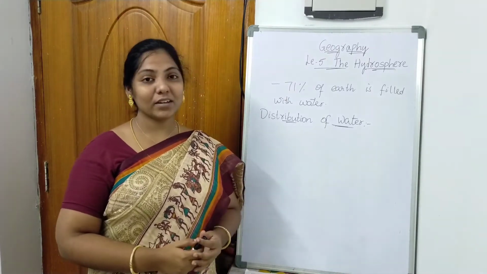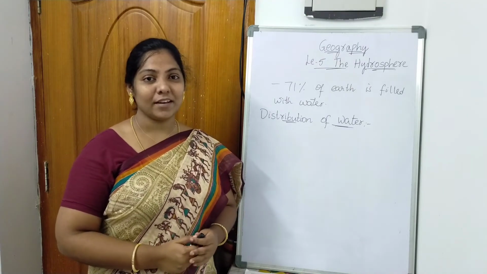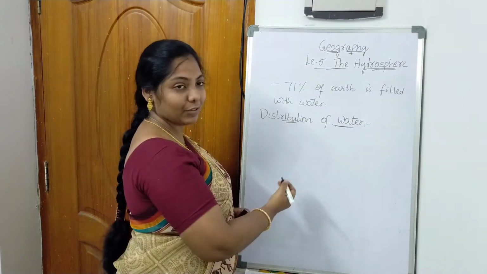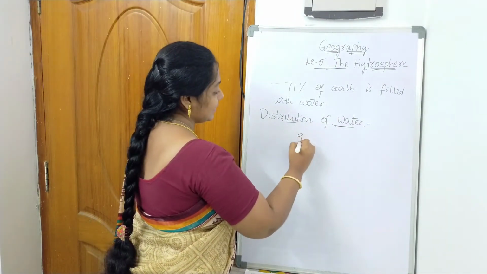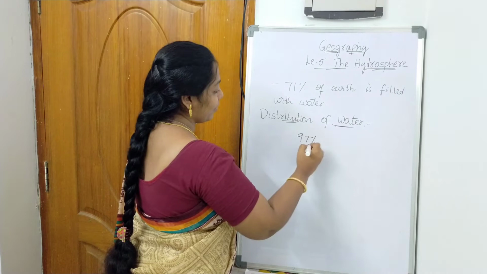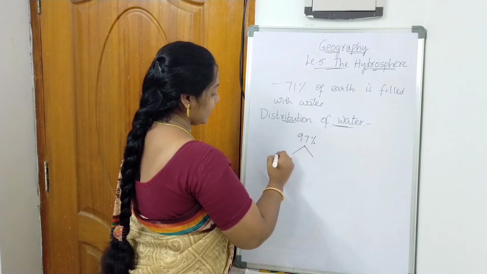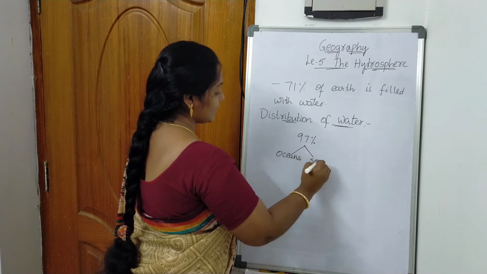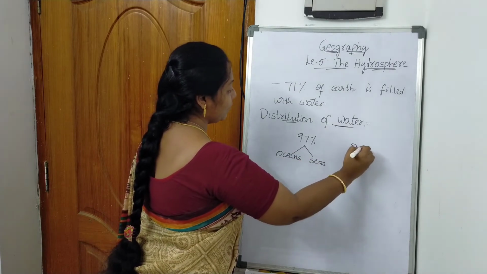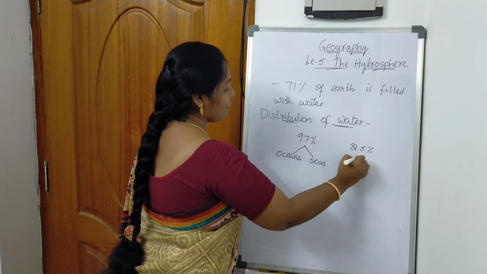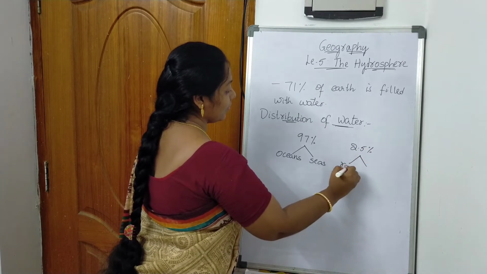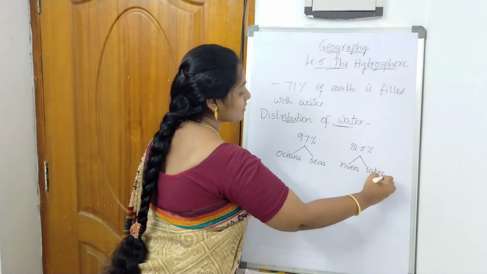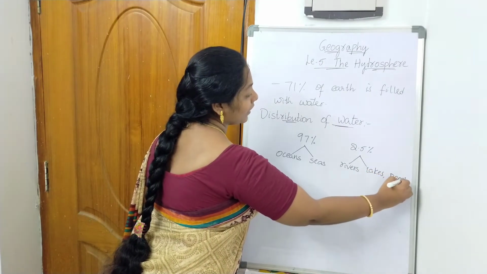Now let us have a look how water is distributed. So on earth, 71% of earth is filled with water, and in that 97% of water is there in oceans and seas, and 2.5% of water is present in rivers, lakes, ponds, groundwater.